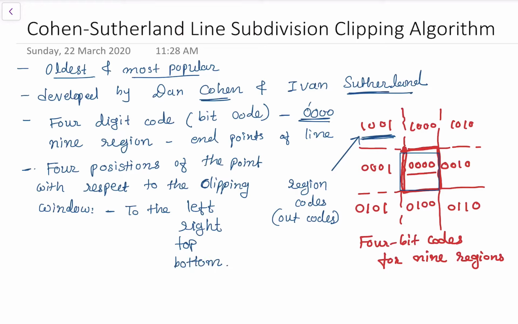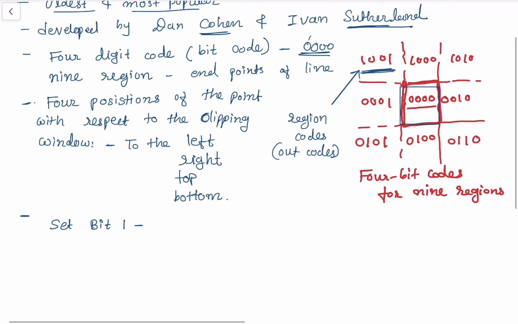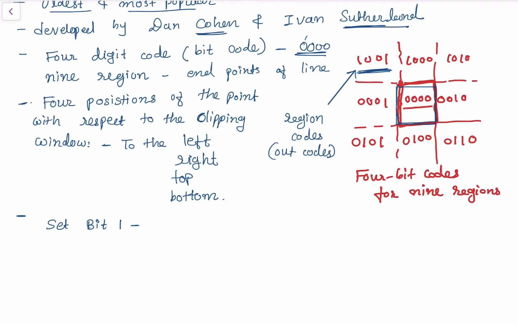The rightmost bit is the first bit and the bits are set to 1 based on the following scheme. First, set bit 1 if the endpoint is to the left of the window. This one is our window, and the first bit is set for left of the window, that is 0001.